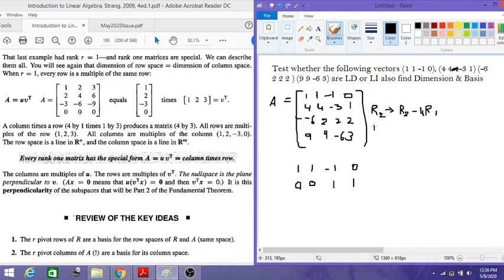Then for row 3, I'll replace row 3 with row 3 minus of minus 6 R1. So then I'll get 0, and I'll get 8, because it is plus 6, and then here I'll get minus 4 and 2.